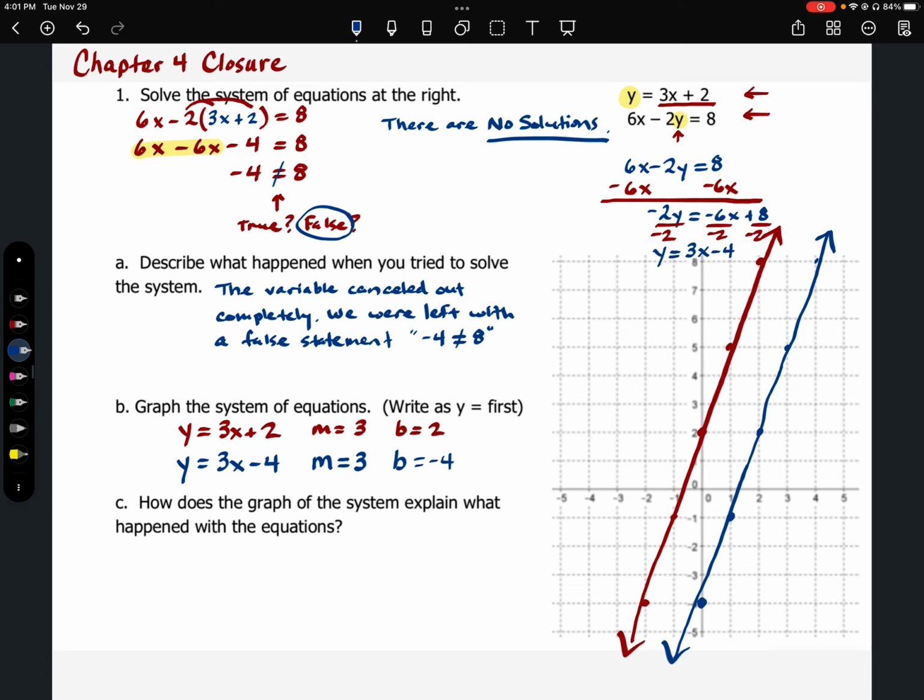So letter C says, how does the graph of the system explain what happened with the equations? We were unable to find an intersection point because they're parallel lines and they will never intersect.